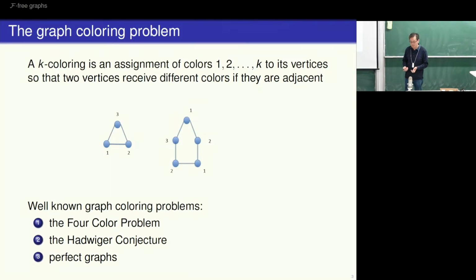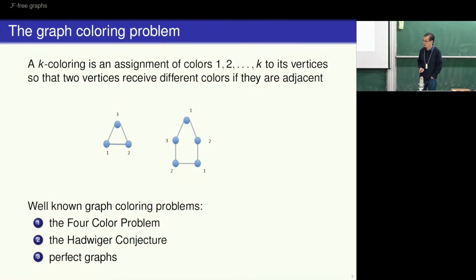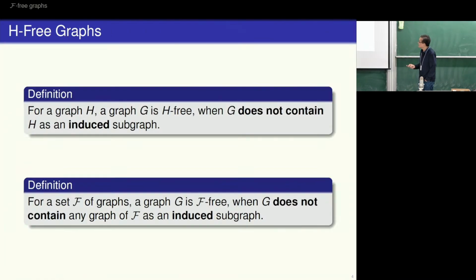I want to talk about forbidden induced subgraphs. Of course, in this context, perfect graphs are I think the most well-known idea. So let's formally define that. Say I have a graph G and a graph H. I say that G is H-free if G does not contain H as an induced subgraph.